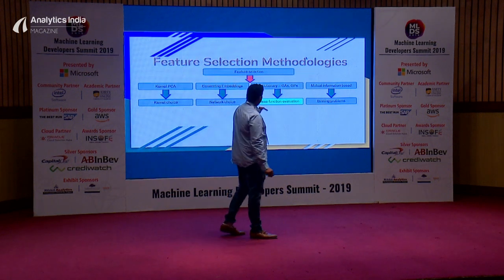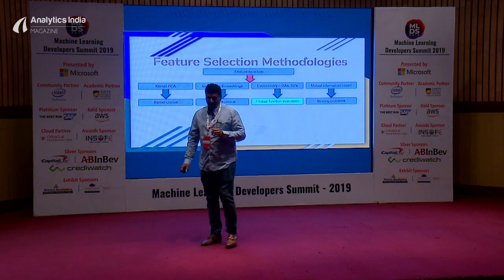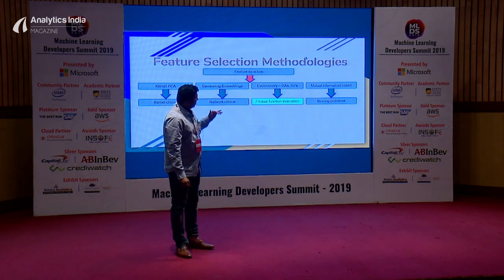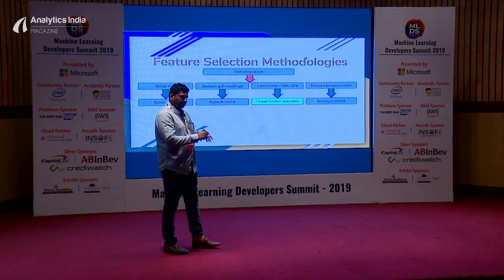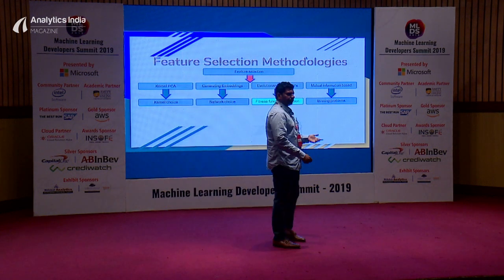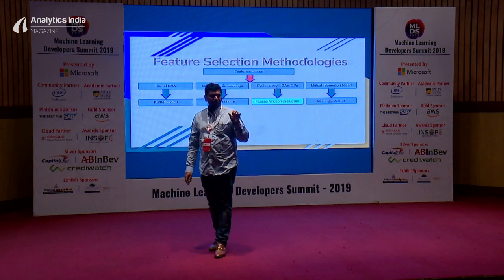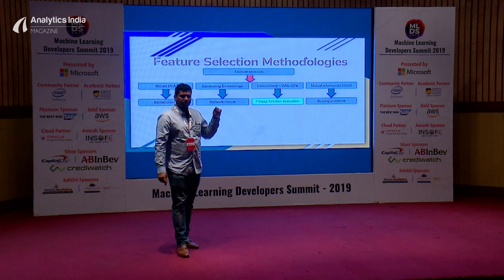The last one is using mutual information. In one of my earlier talks, I spoke about using a mutual information matrix, a 1,000 by 1,000 matrix, which you create, and then using a Markov chain Monte Carlo to design thresholds between the X variable correlations and between the X and Y variables, right?